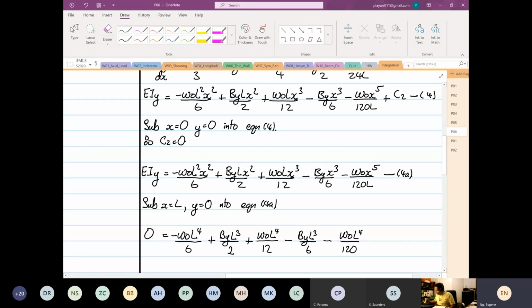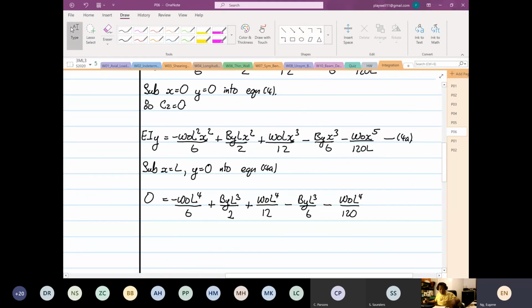Right. So you can see what's going on now. We can solve for By, right? And so this will be equal to 0. So minus 1 over 6 plus By 1 over 12 minus By 1 over 120. So I have minus 11 over 120 omega naught L to the power 4, plus half minus By 1/6, which is By L cubed over 3.